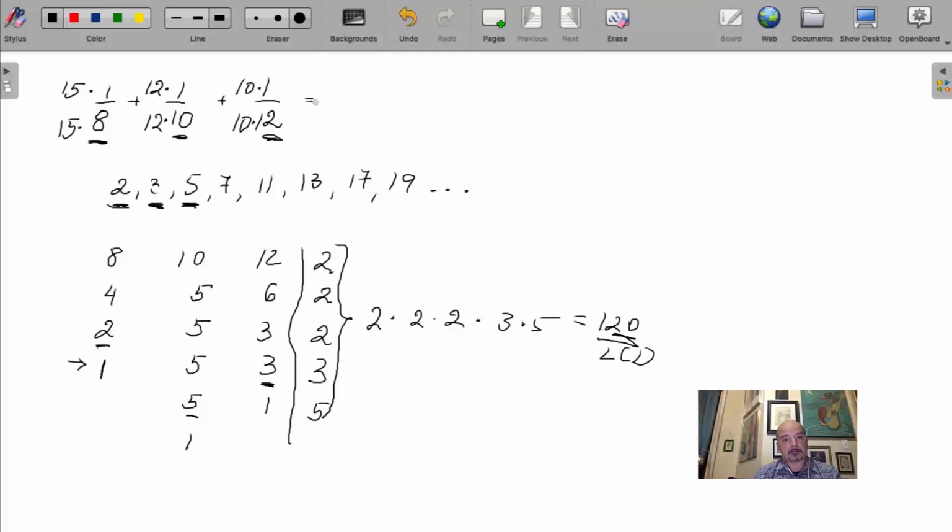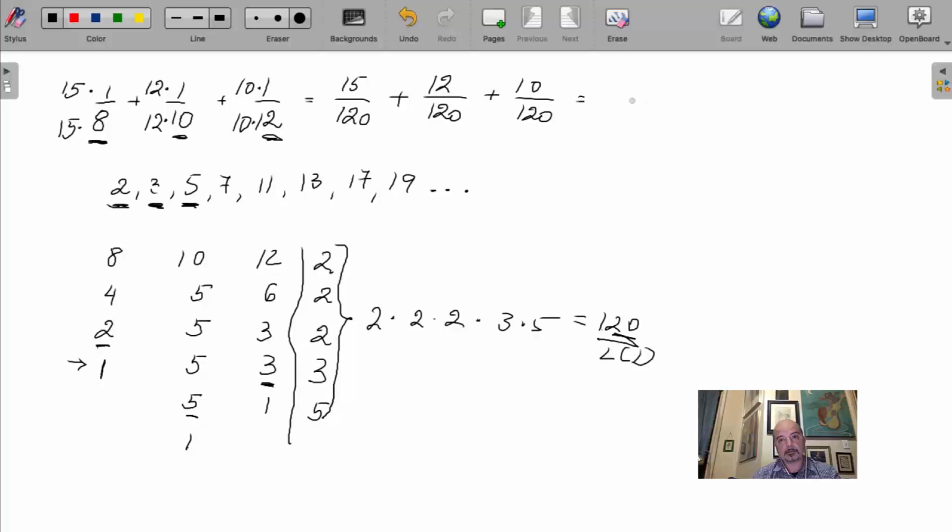So when I do that, I get 15 over 120 plus 12 over 120 plus 10 over 120.